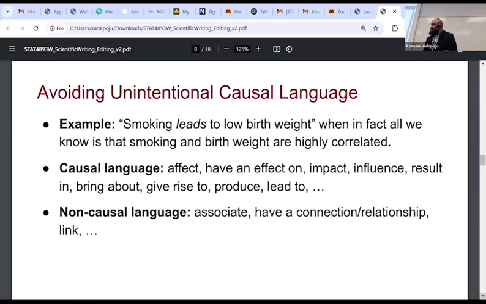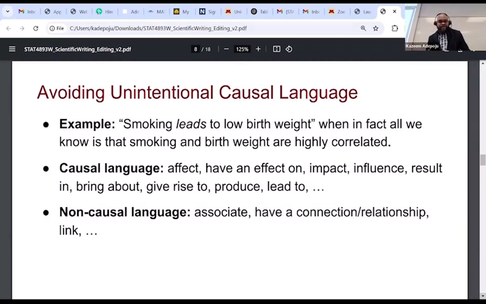Now, lastly, today I want to talk about causal language and non-causal language. You should avoid unintentional causal language. I'm going to give an example of what I just talked about.